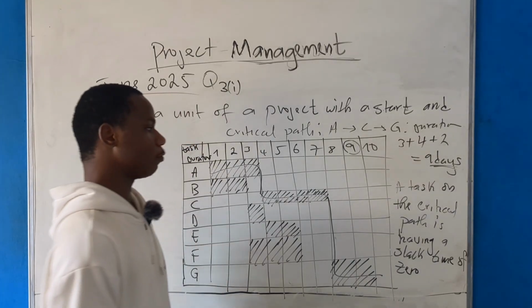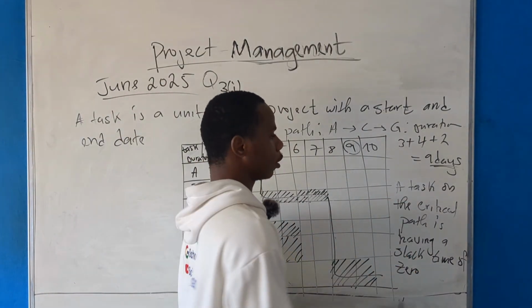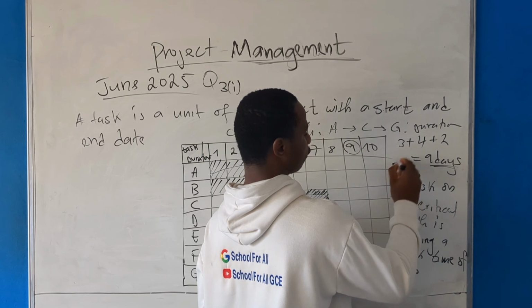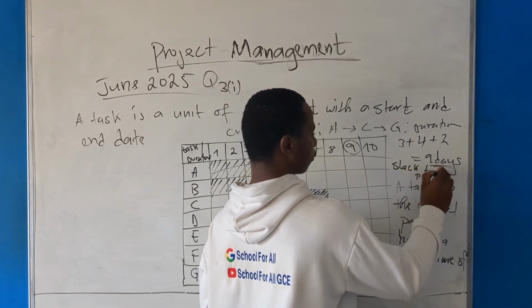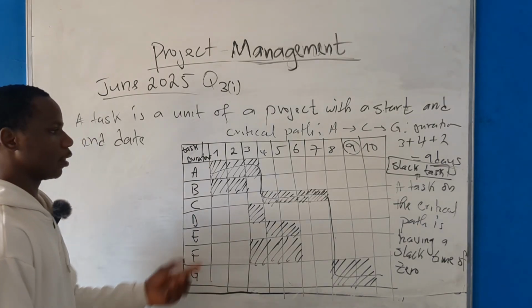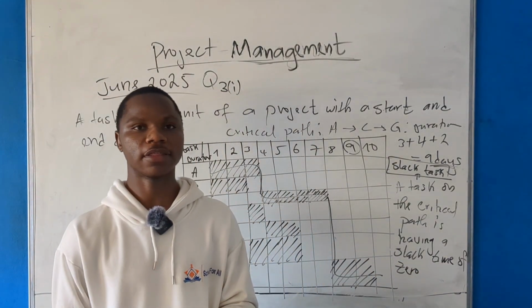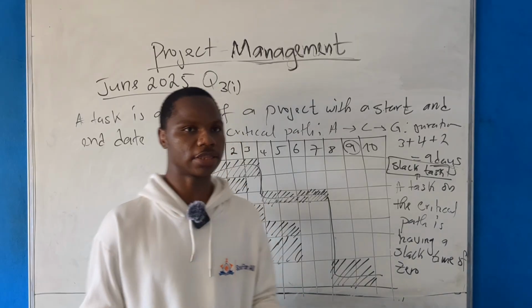Very good. So when they say that a task is having a slack time of 0, this task is also called a slack task. Take note of this. Now, remember that a slack time simply refers to the amount of time a task can delay without delaying the entire project.